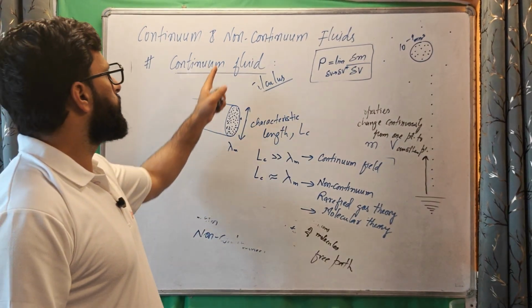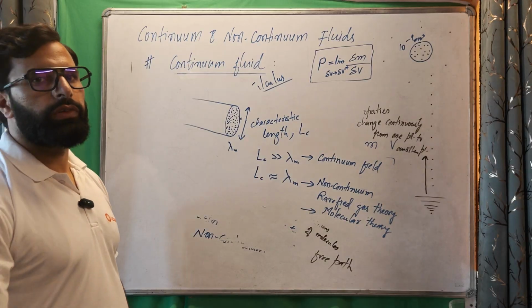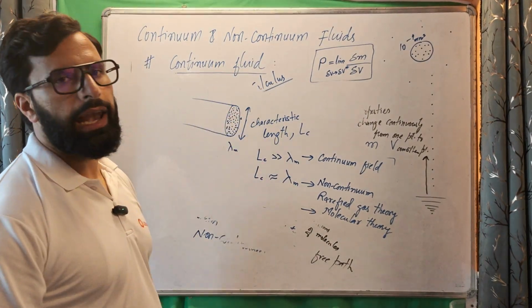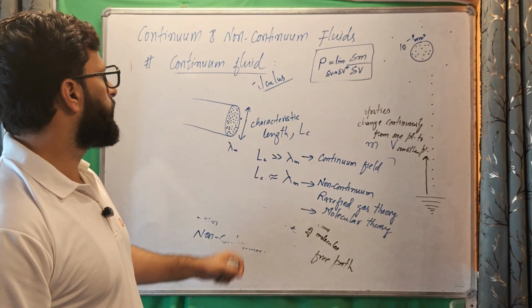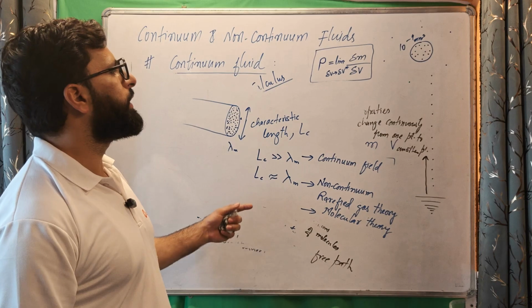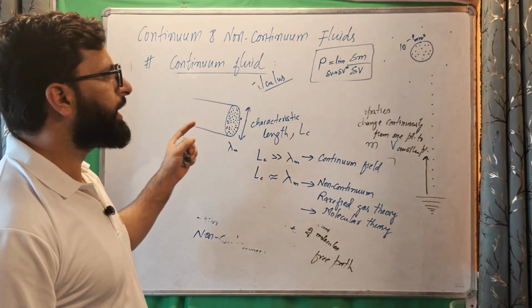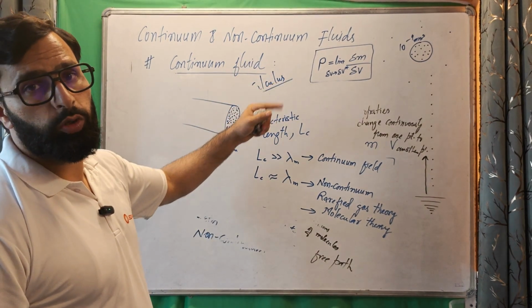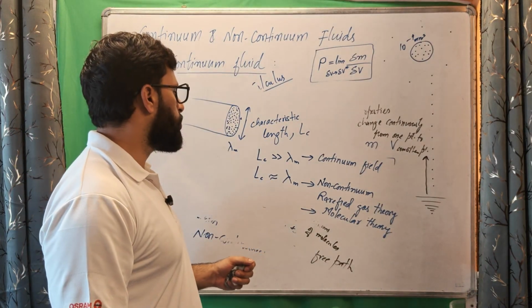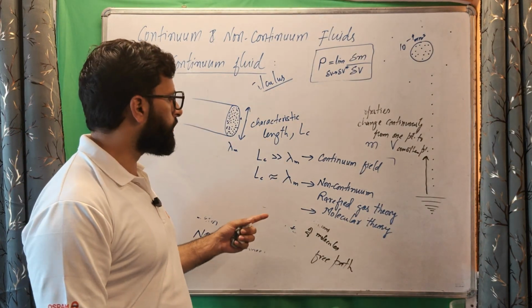And on the other side, we have non-continuum fluid, in which the intermolecular spacing is very large as compared to the characteristic length, so it becomes comparable, and we cannot define a property at a point and cannot say the properties vary smoothly from one point to another. That is obviously out of the scope of this subject for the BTech course.